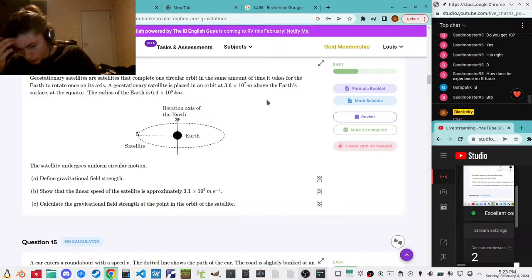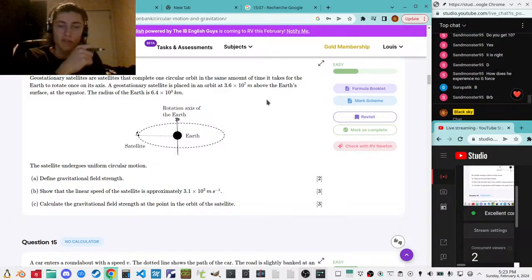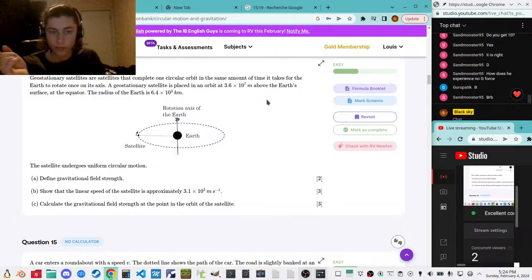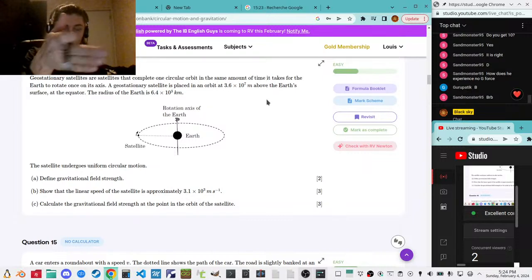Linear speed seems to be... I thought geostationary satellites... Oh, because the Earth moves. Oh, that's how they work. Yeah, they just sync. I forgot somehow. It's placed in an orbit at this height, so we know the distance. They're trying to trick us with the Earth radius, but we know the distance to the center.